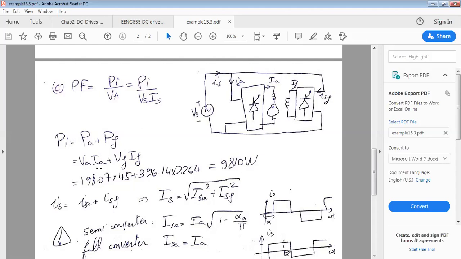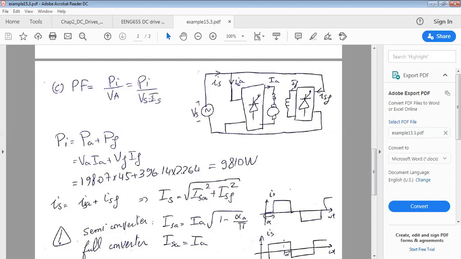PA equals VA times IA plus PF equals VF times IF, and we have calculated all the values of VA, VF, IF in the previous parts, and I found that the input real power is 9810 watt. Now I have Pin, Vs is 440 volts given, so I need to find Is.